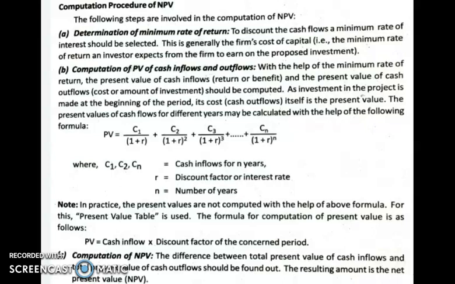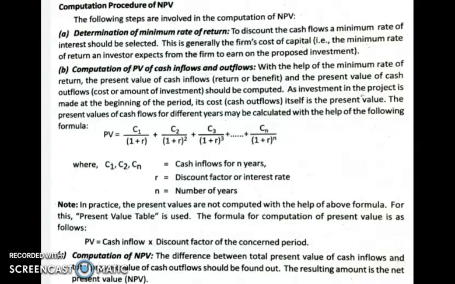Usually the investment is made at the beginning of the year or in the beginning period. So that amount itself becomes the present value. But we have to find the present value of cash inflows. And for this we have to go back to the formula where PV is equal to future value divided by 1 plus R whole raised to n. We have to find a separate PV value for each year.